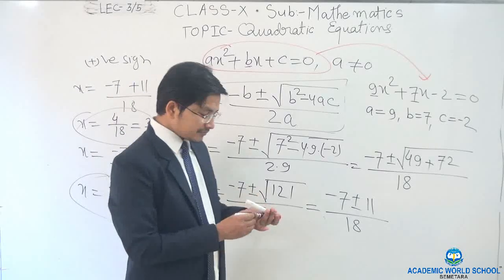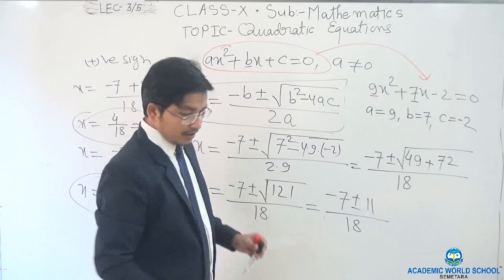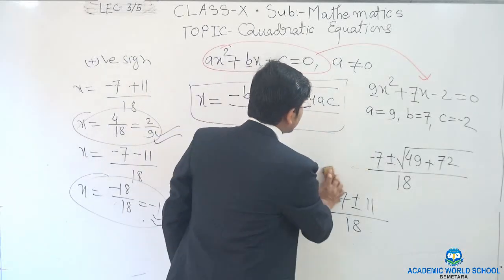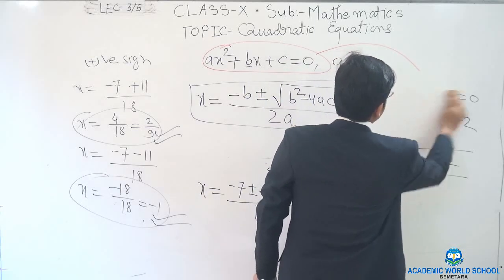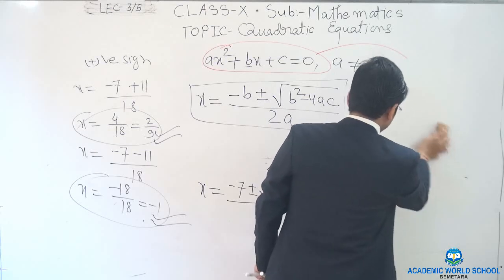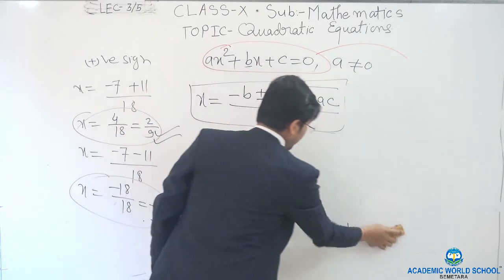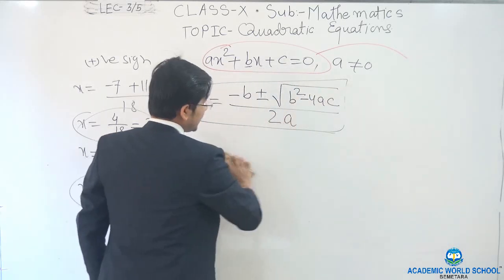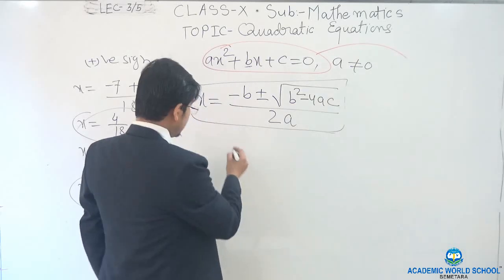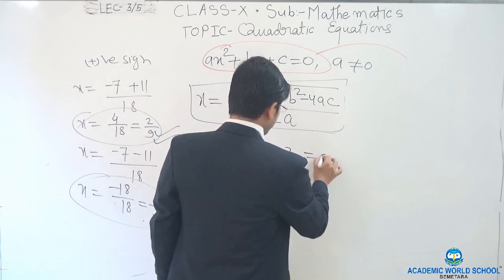And now the more important thing is that we know that there may be many quadratic equations which do not have real roots. Let's say if I am writing 6x square minus x plus 2 is equal to 0.